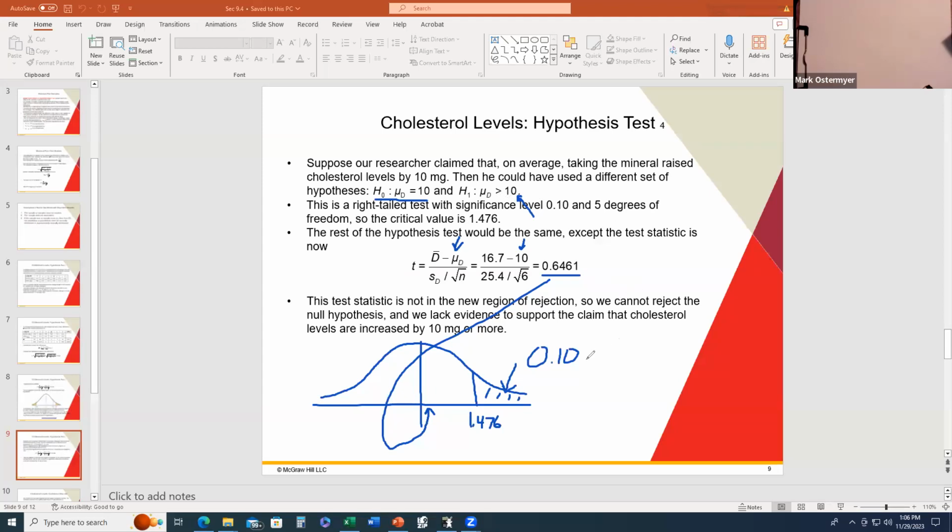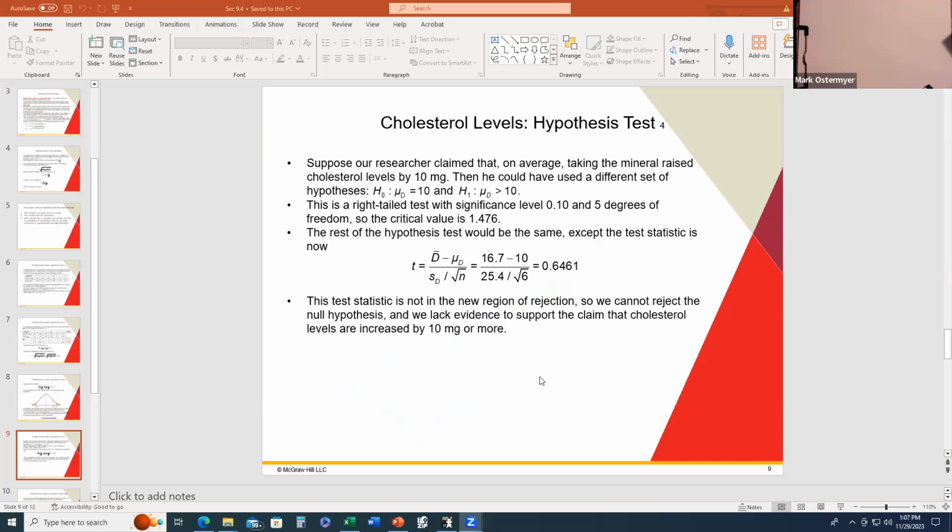Okay. So there's some hope here, but I still think you've got to go back to the drawing board and investigate this drug a little bit more, and maybe tweak it, if you will, so that it's more conclusive to maybe reduce cholesterol levels.